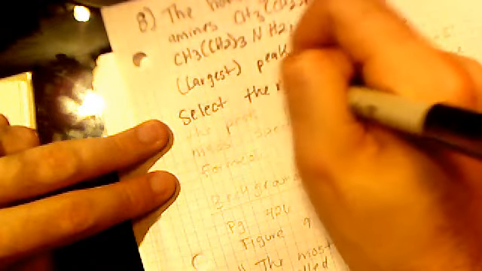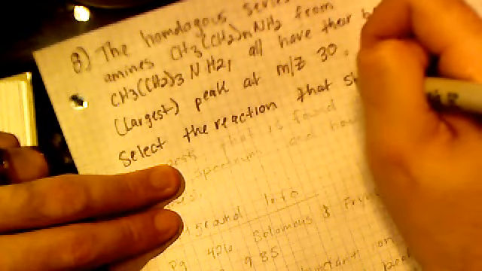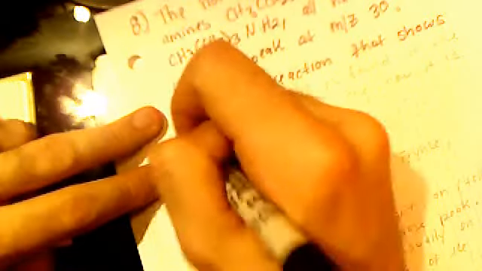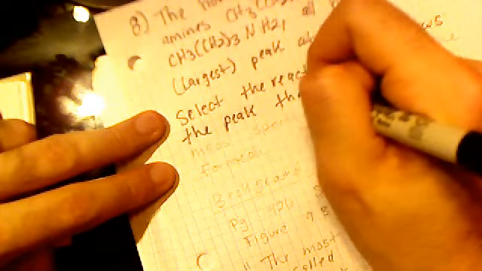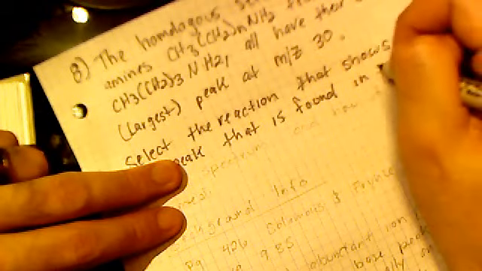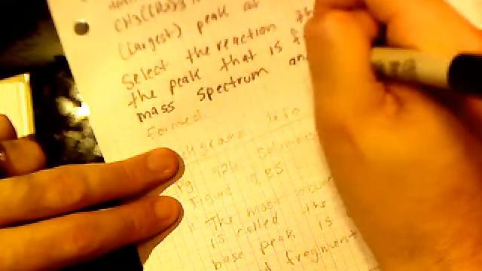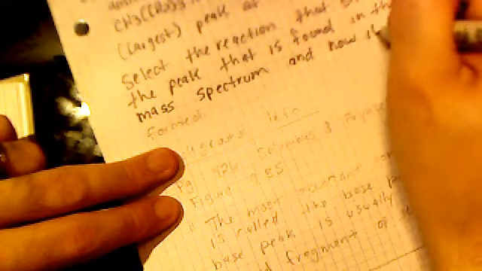So select the reaction that shows the peak that is found in the mass spectrum and how it is formed.